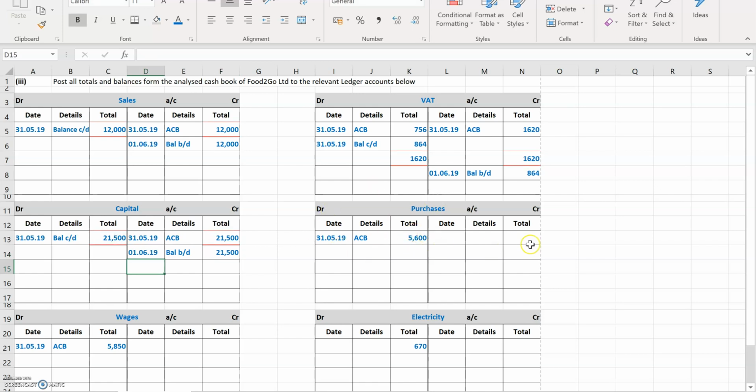This time the balance figure goes on the credit side. How much goes on the credit side? 5,600. What date's going to be on it? The 31st of the 5th, 19. It's always the last date. What's the details? This is our balance figure, it's going to be carried down to the next month. So it's going to be the 1st of the 6th, 19, balance brought down. And how much has been brought down?